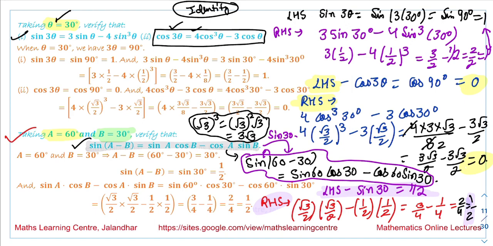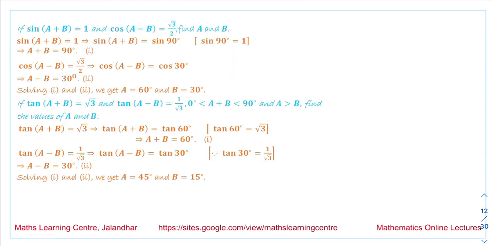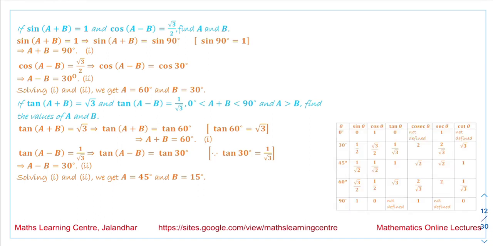Next is, if sin(A + B) is equal to 1 and cos(A − B) is equal to root 3 by 2, we have to find the values of A and B. So if we look at the table, we see that the value of sine is given to be 1, and the value of sine is 1 for theta equal to 90 degrees.